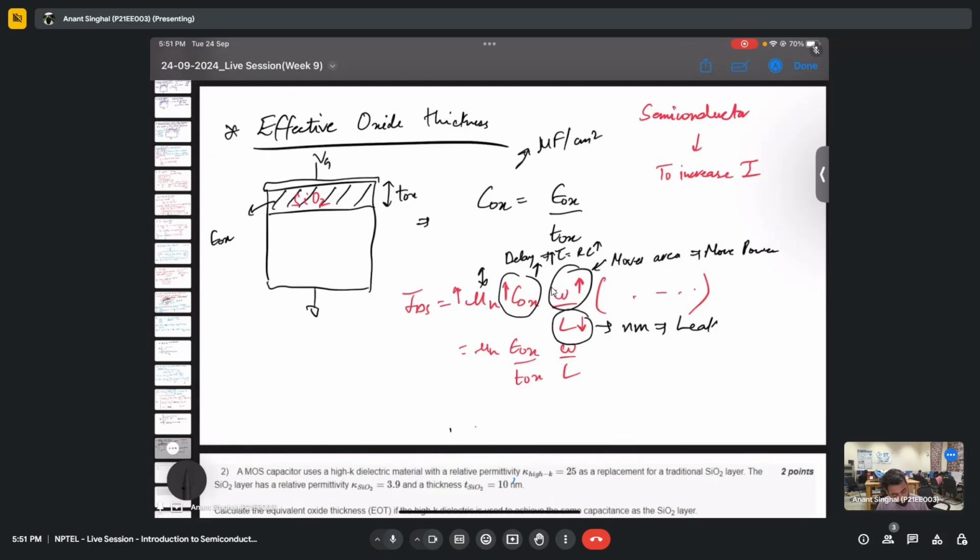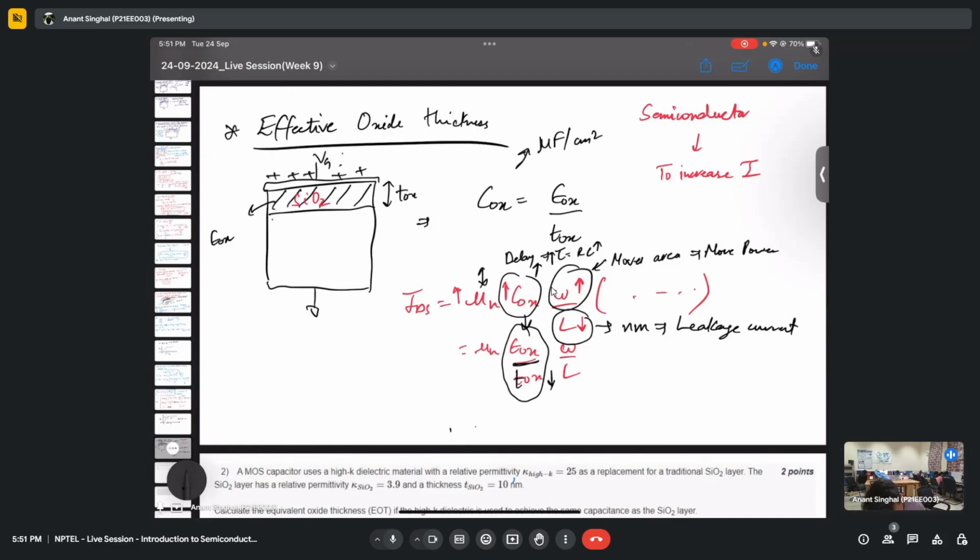I'm telling it in a crude way now, but the main objective is how can we increase this IDS. We know that Cox is nothing but epsilon ox by TOX. But if we decrease TOX, there can be leakage because we are applying more and more gate voltage.